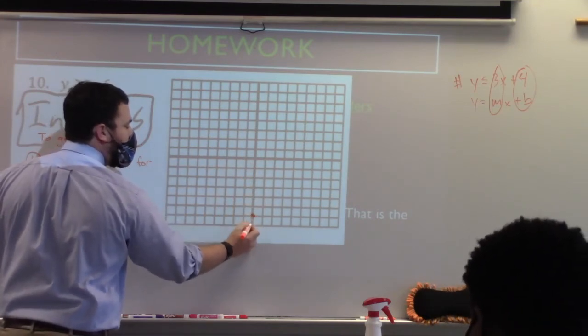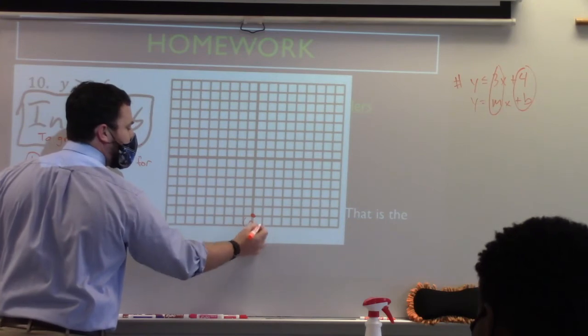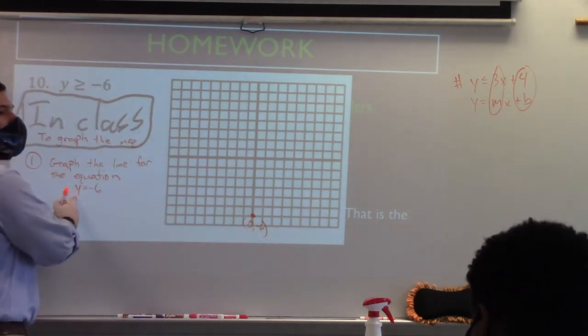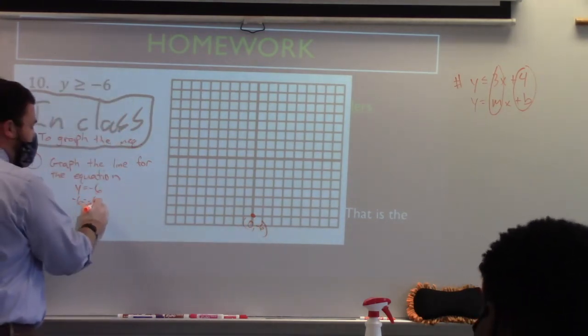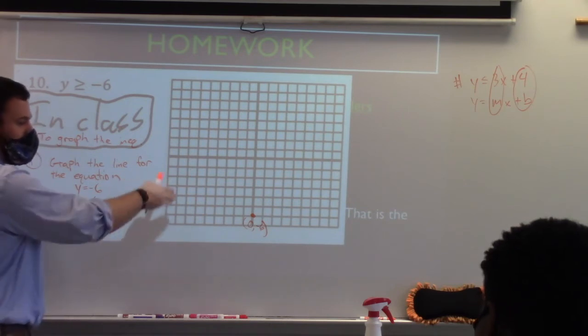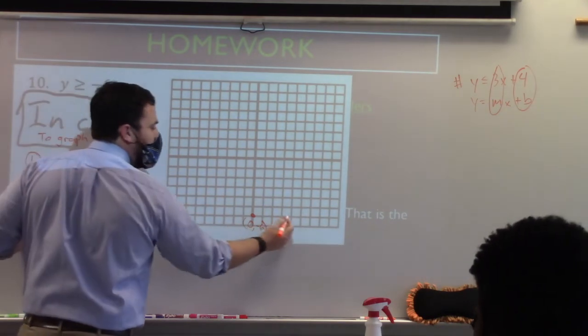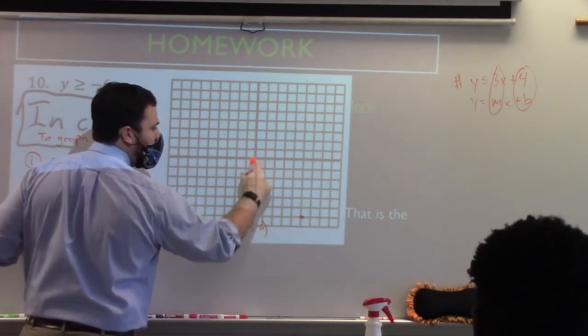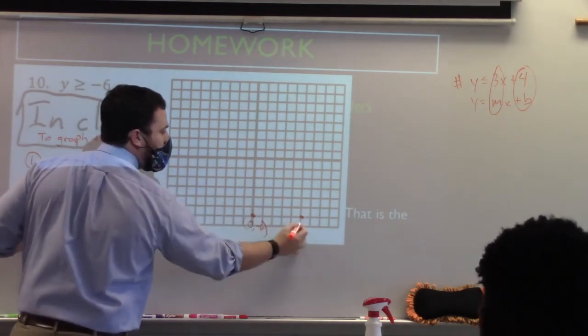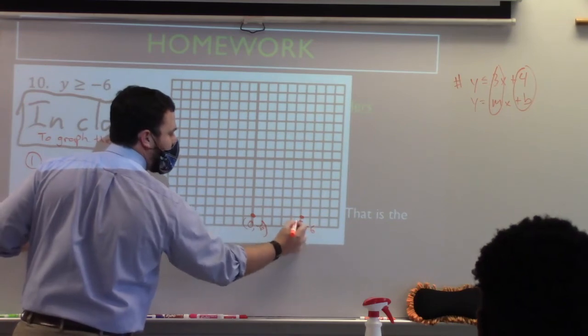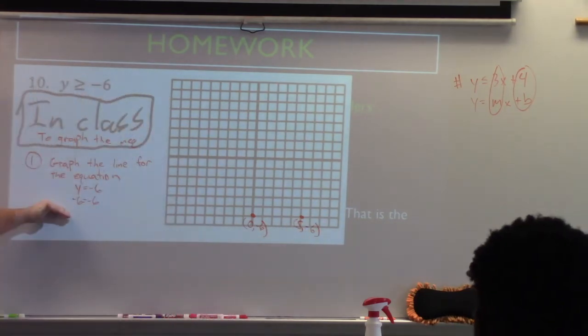I want you to notice, looking at that point is 0, negative 6. And I'm only looking at the y. So is negative 6 equal to negative 6? Yep. So that point makes this equation true. That's a solution. Now notice if I come out to here, that's the point 5, negative 6. Is the y value still negative 6?